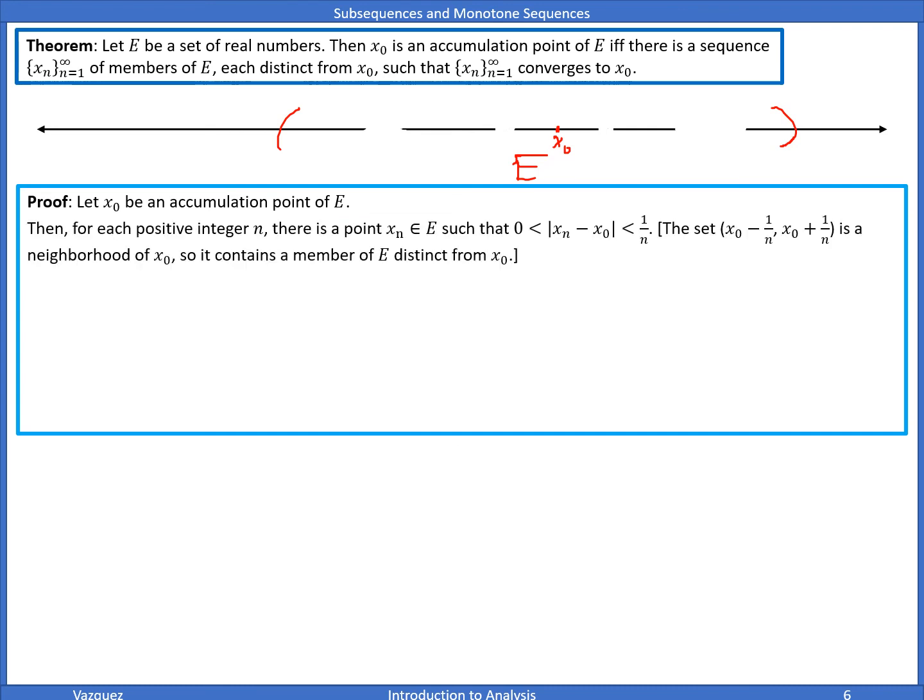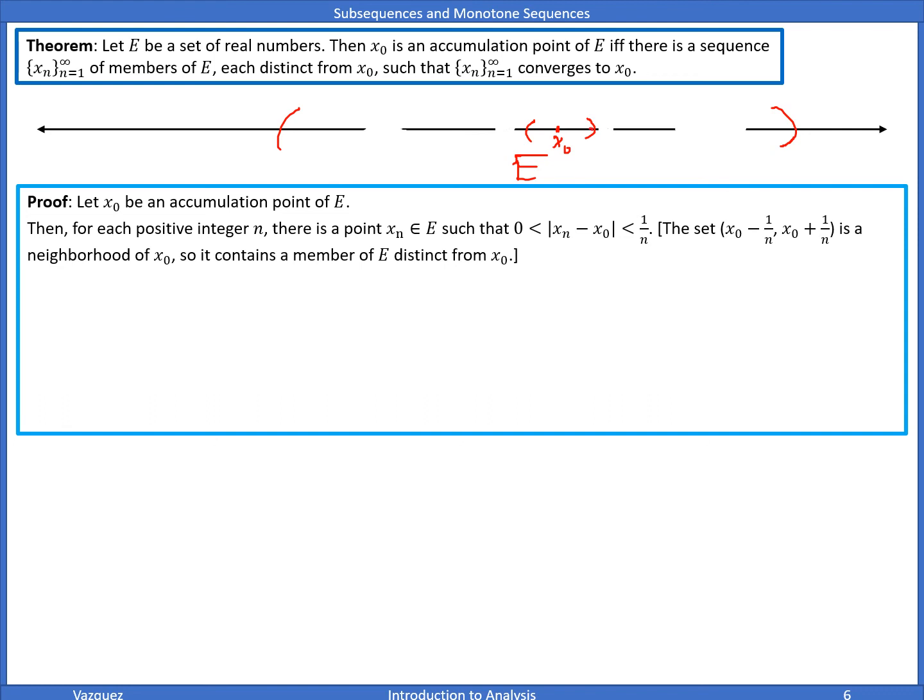Well, then for each positive integer n, there's a point x sub n of E such that 0 is less than the difference x sub n minus x sub naught, and we're going to let that be less than 1 over n. Right, so in the parentheses here, let's do this.